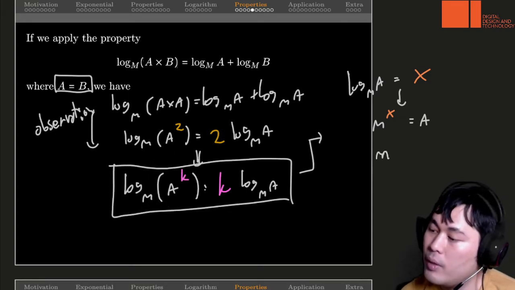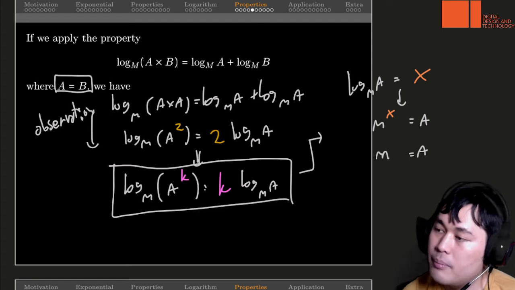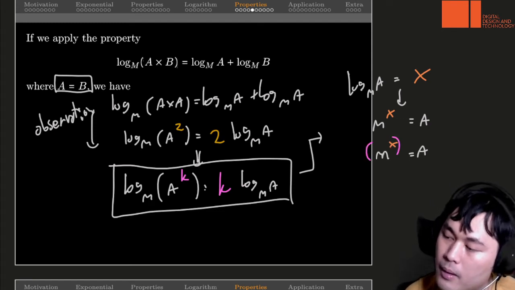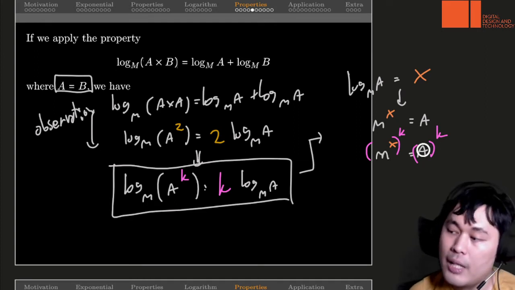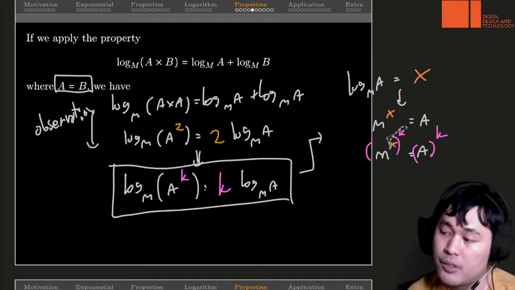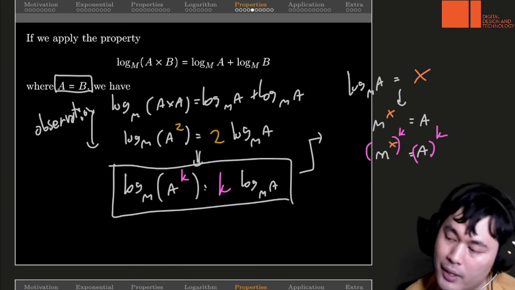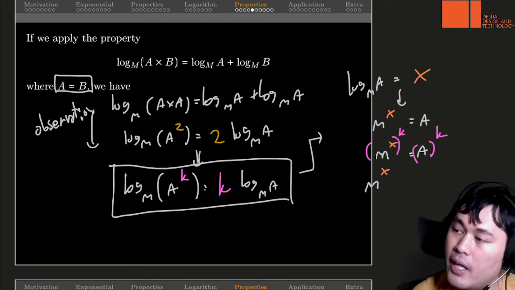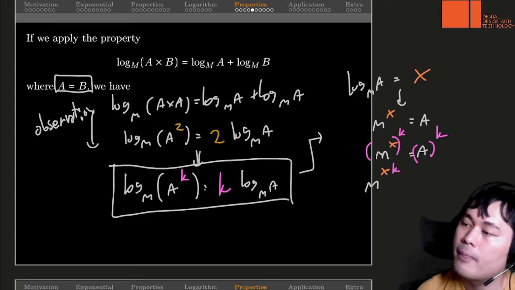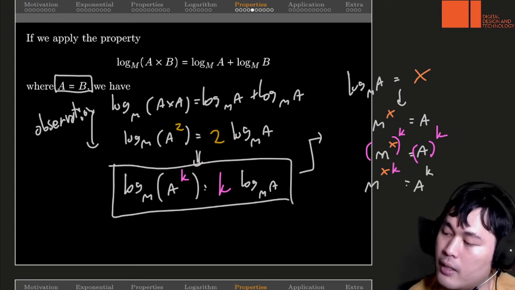So what we can do is raise both sides of the equation to the power of k. Now a to the k is m to the x to the k. And this one we can use the property of the exponent to see that it is actually x times k is equal to a to the k.